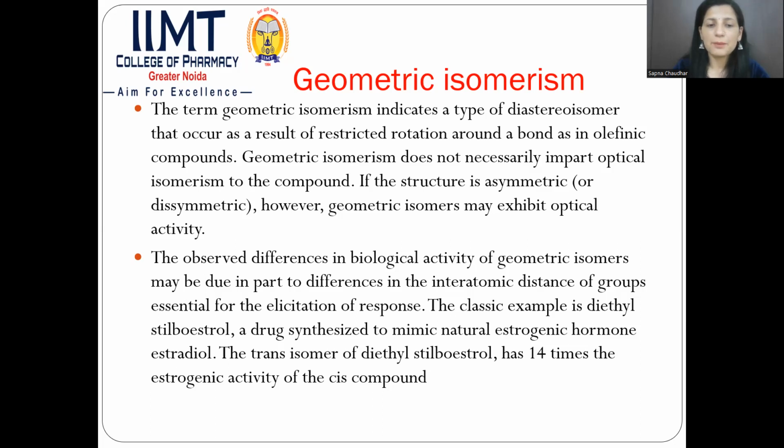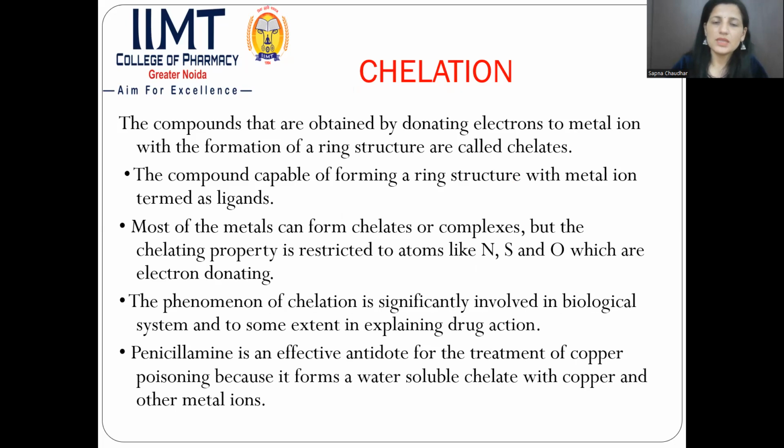The classic example is diethylstilbestrol, a drug that is synthesized to mimic the natural estrogenic hormone estradiol. The trans isomer of diethylstilbestrol has 14 times the estrogenic activity of the cis compound. That's why the cis form is more stable than the trans form.